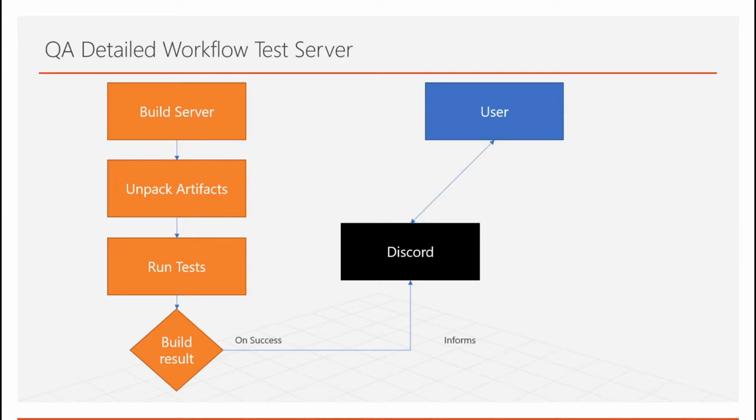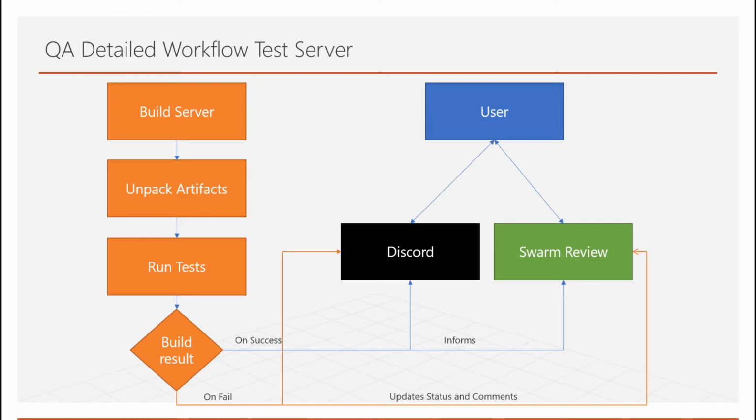On fail, it will do the same thing, and it will also inform the Swarm review in any case. On success, it will do a status update in a comment. And on fail, it will do a status update in a comment. It also will update, upvote or downvote depending on how you set it up. And this is the entire overview of the test server setting.